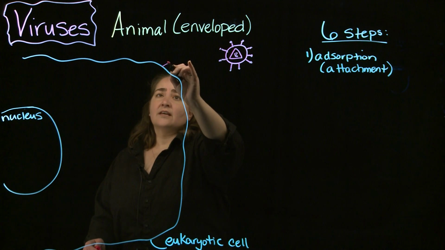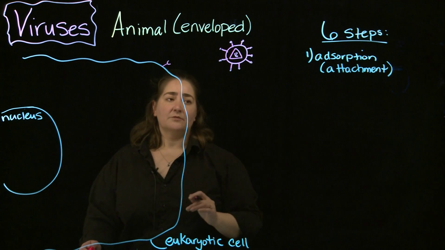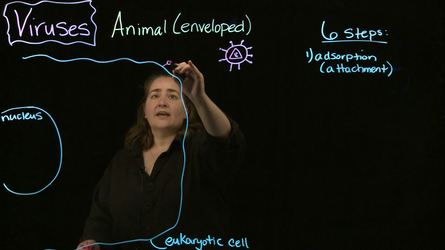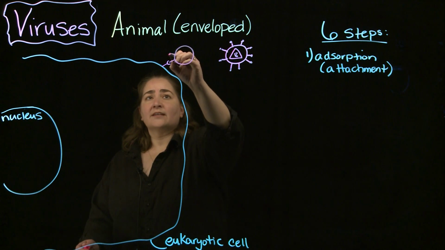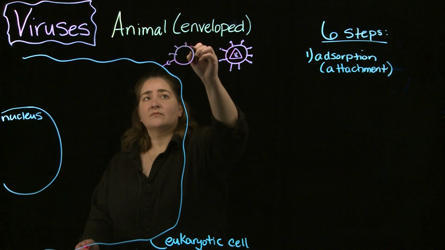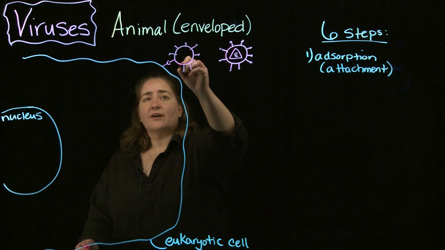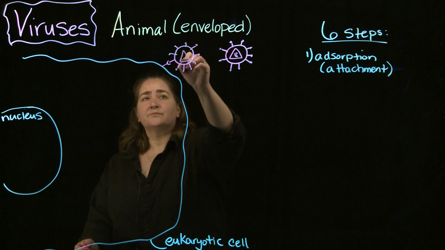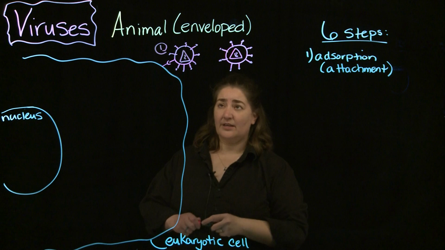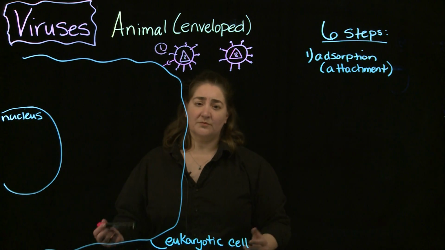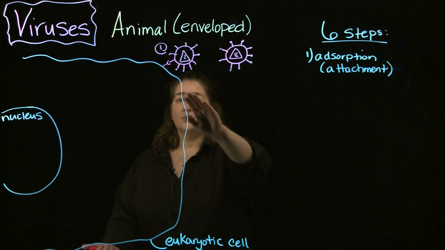On the outside of that cell, there is going to be a receptor. What's going to happen, that spike is going to be what's recognized and is going to allow that viral particle now to attach.